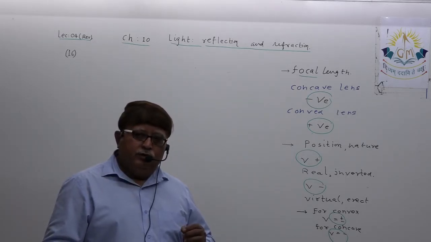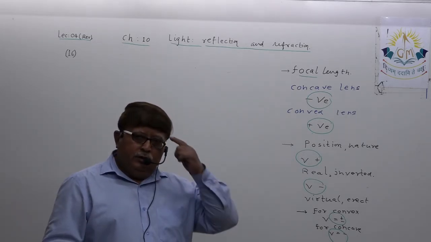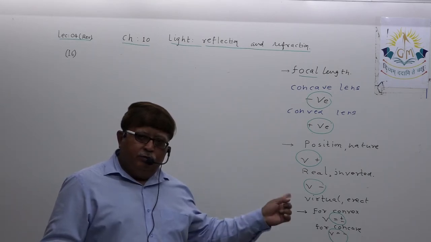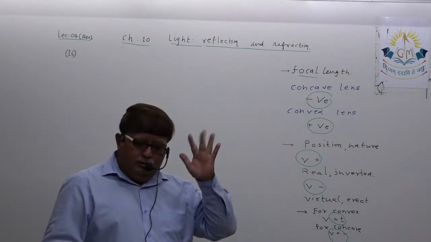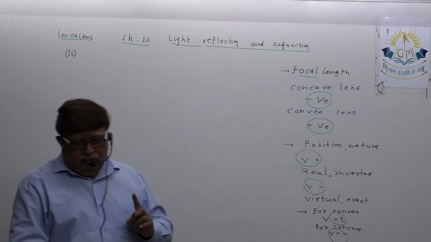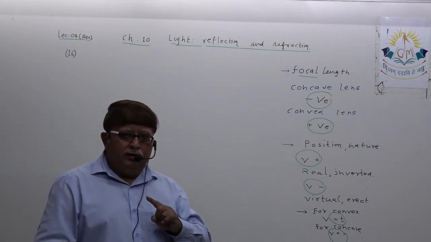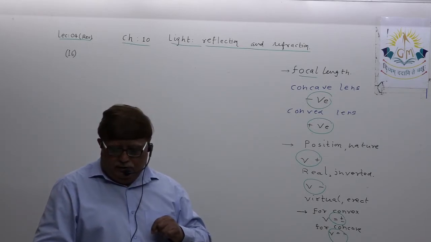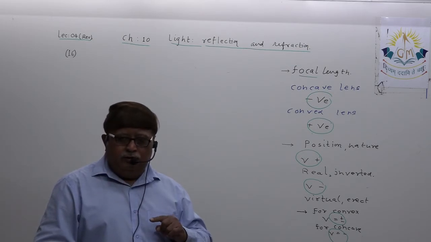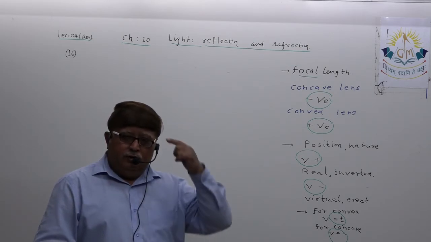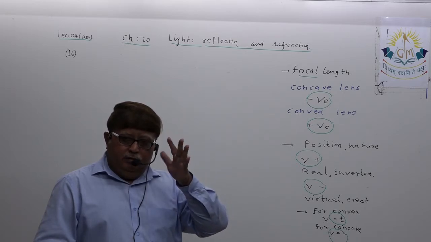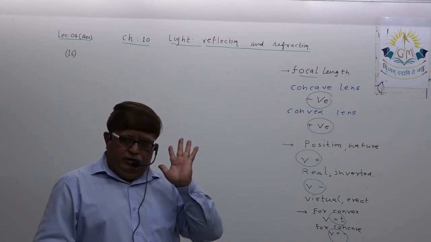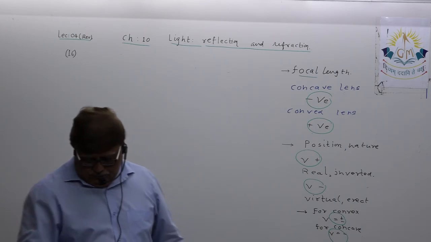Whenever, dear student, you read any sum, this important point needs to be struck in your mind. What is given? A concave lens has focal length 15 centimeter. Concave lens, it has to be struck in your mind that focal length is to be taken negative.